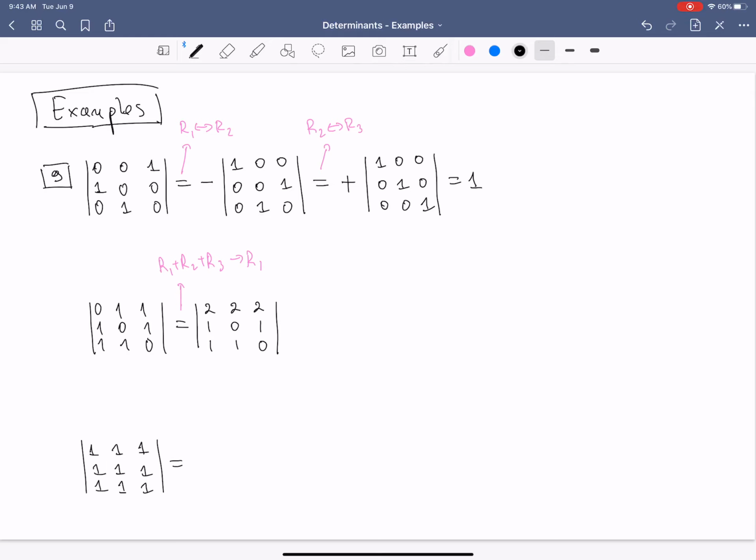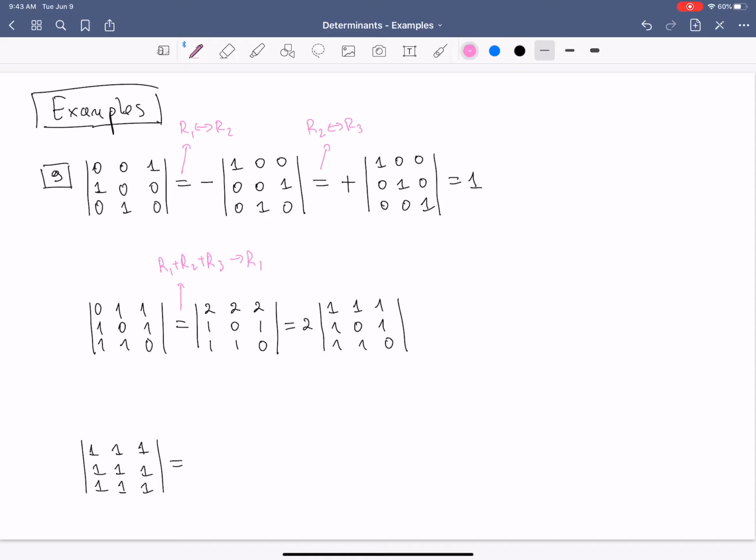Okay, I have restored the first pivot. I can eliminate with that pivot. Now I can take that 2 and factor it out if you like. So I know that I have 2 times 1, 1, 1, 1, 0, 1, 1, 1, 0.